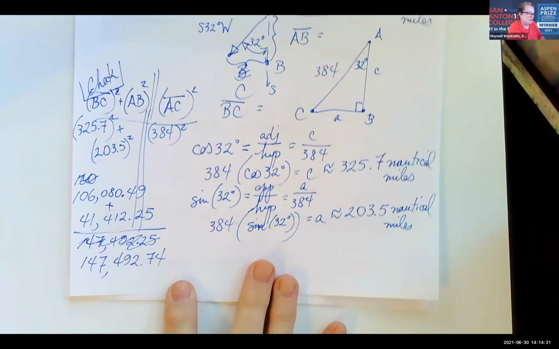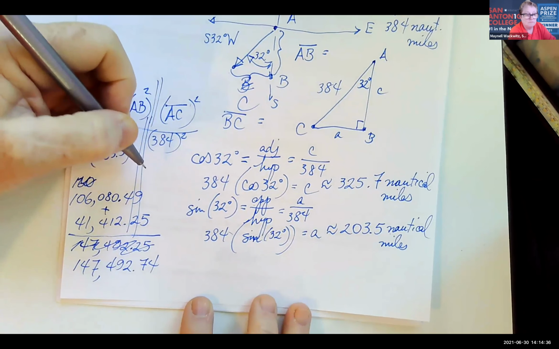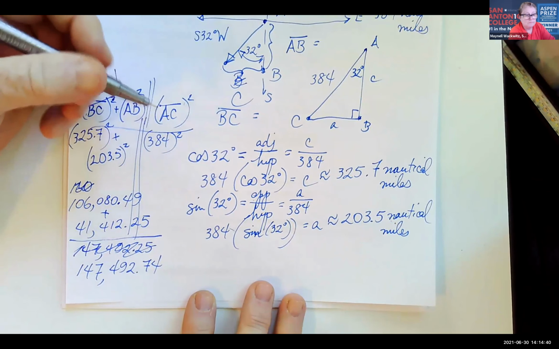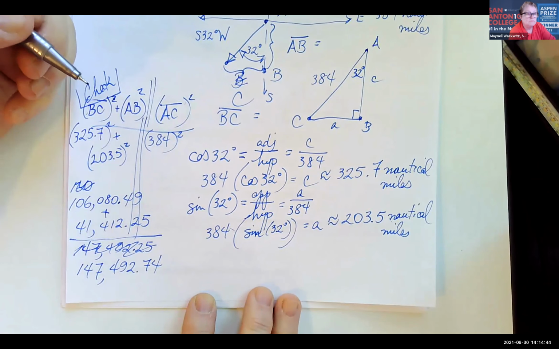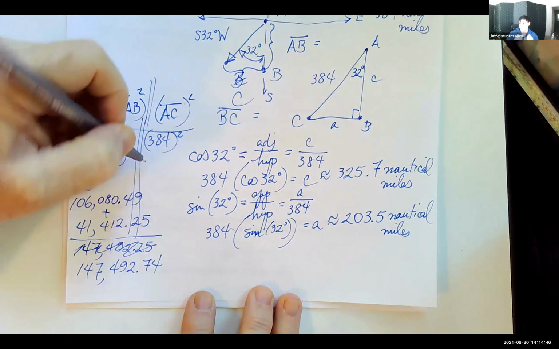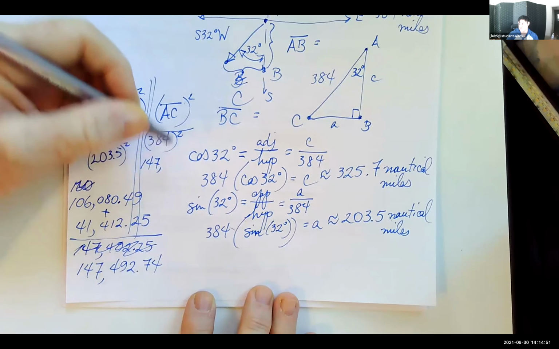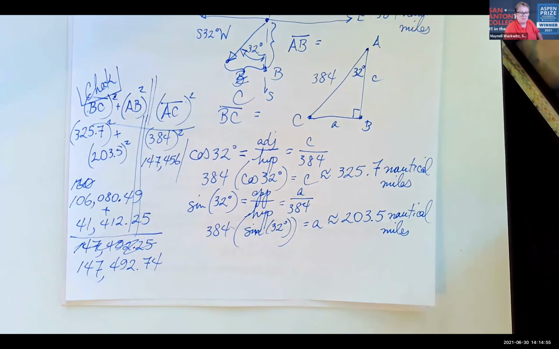All right. And what do we get when we square 384? That would be 147,456. Are we happy? Yeah, it looks pretty similar.